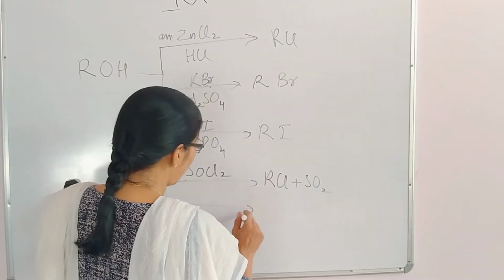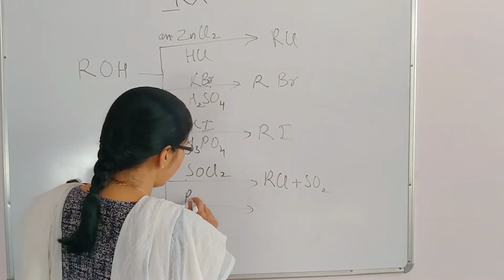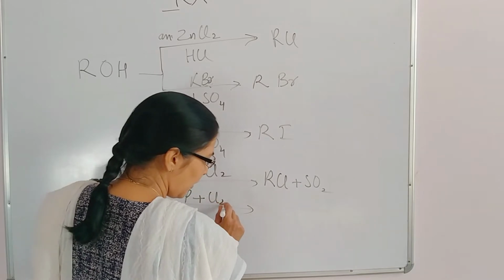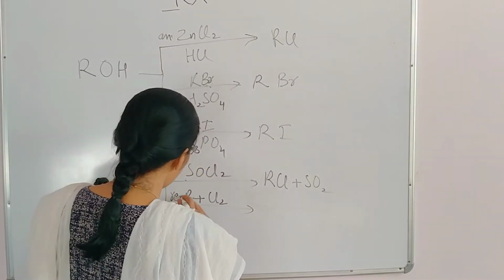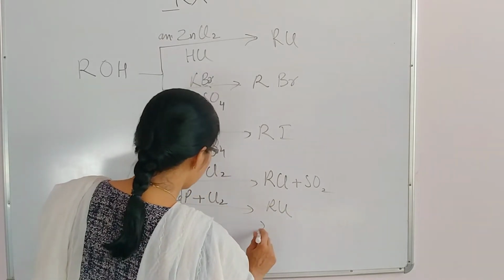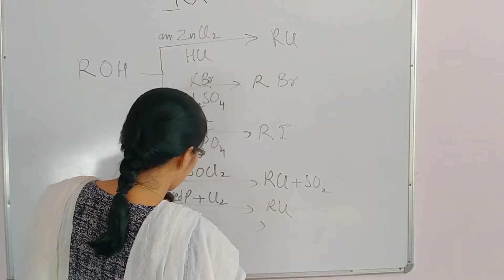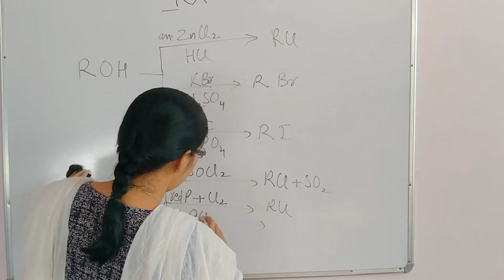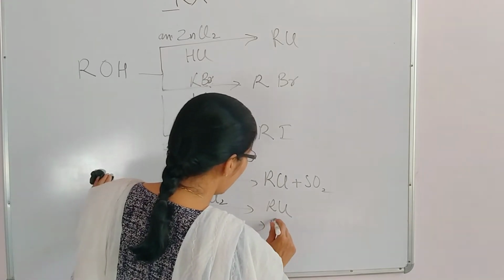Some more, from ROH, that is phosphorus plus halogen. There will be formation of RCl. In the same manner, PCl3, there will be formation of RCl.